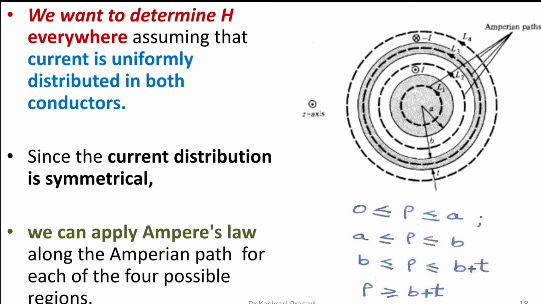Next, the outer conductor has a thickness small t, so we take a radius within that outer conductor thickness, therefore the radius ranges between b and b plus t. And the last case is we take a distance or radius which is greater than the outer conductor, that means b plus t. Likewise we have 4 different categories, and we have to discuss each category.